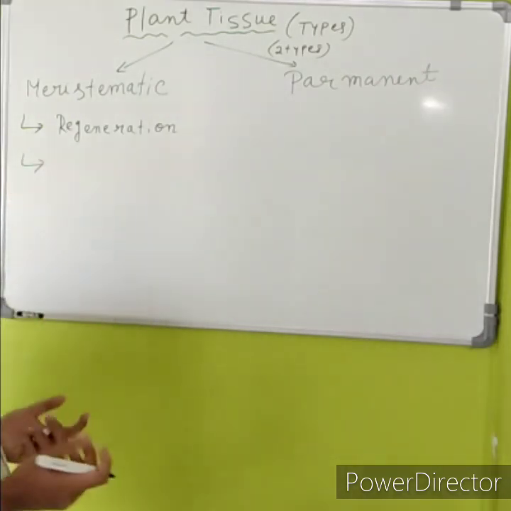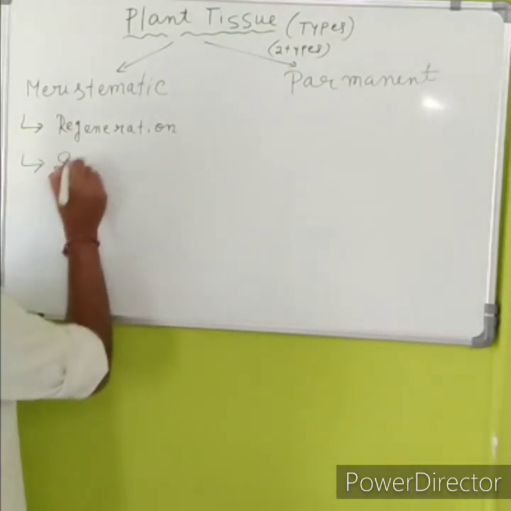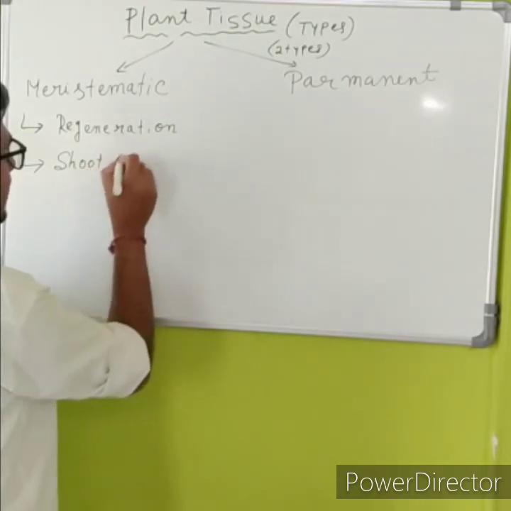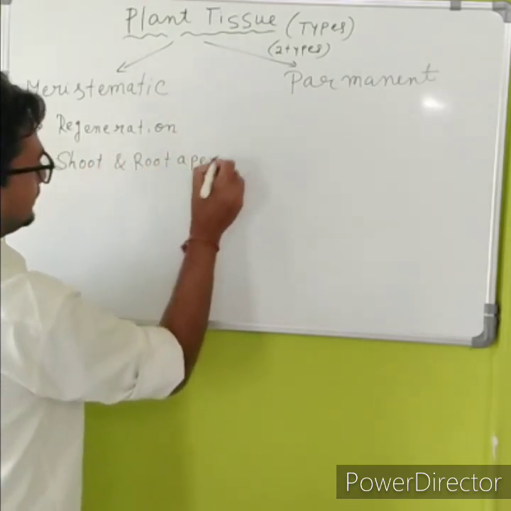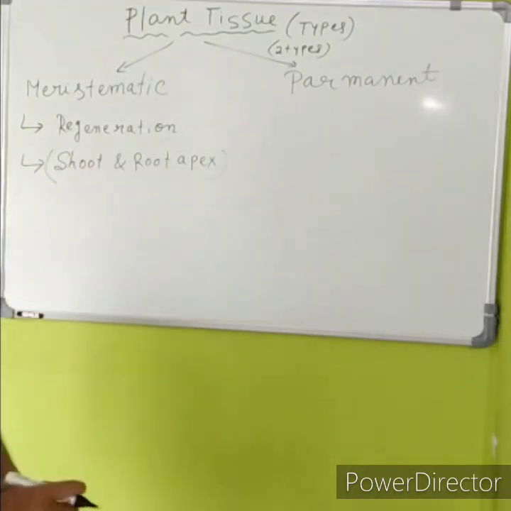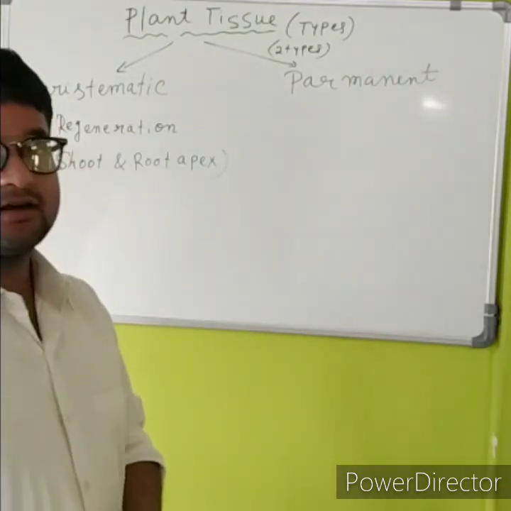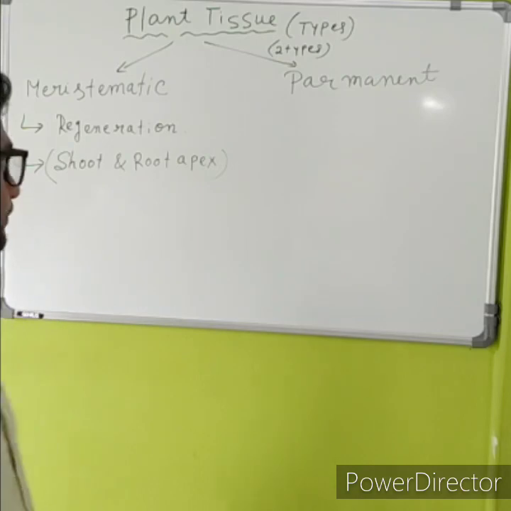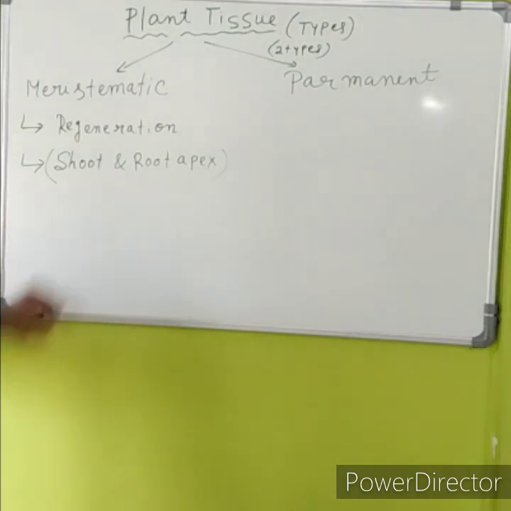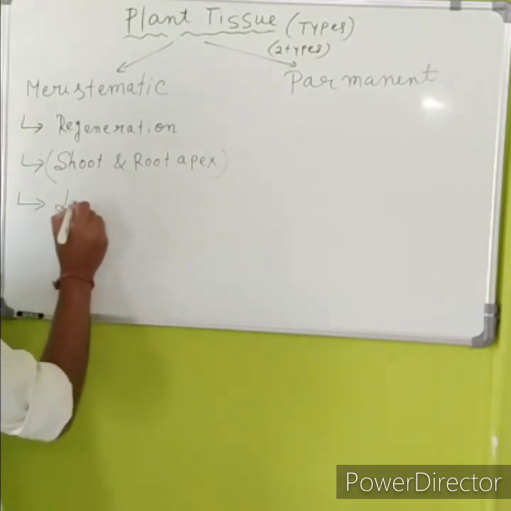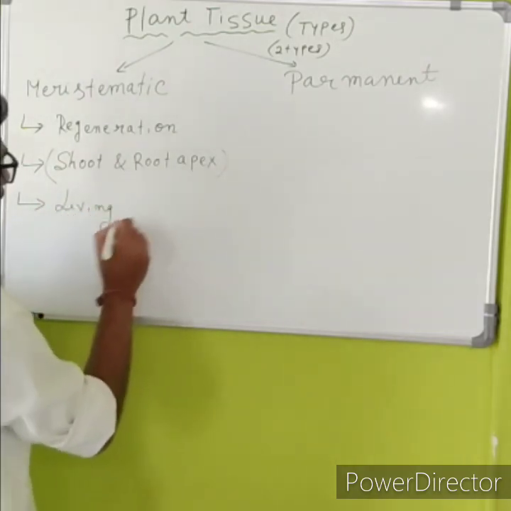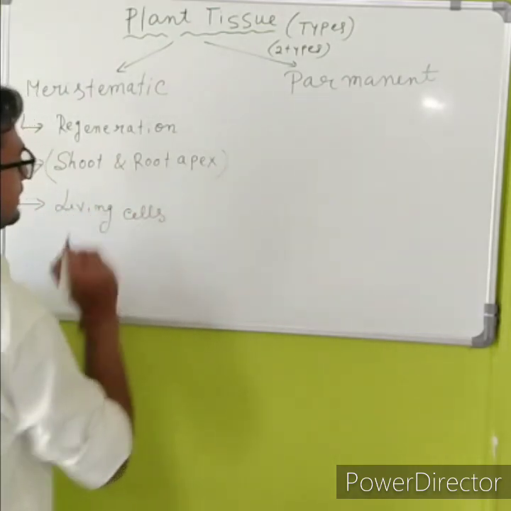Where are they found? Their location is shoot and root apex. It means they are found in the growing tips of the plant body, that is root and shoot apex. They are entirely a group of living cells.